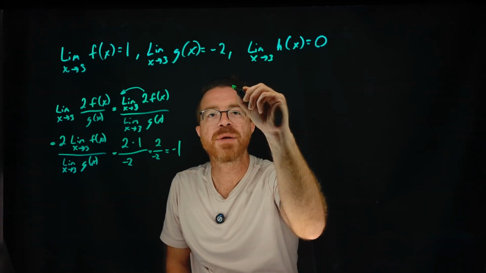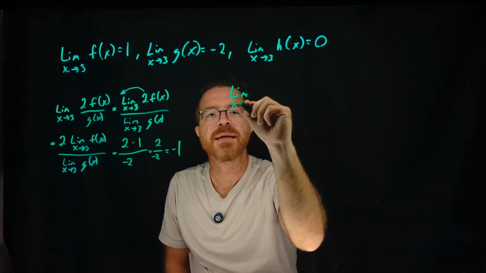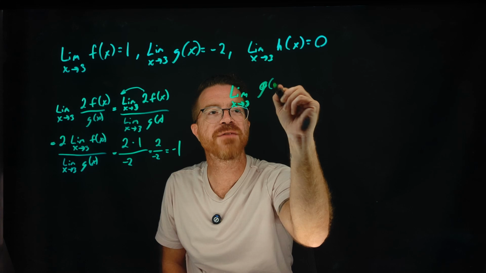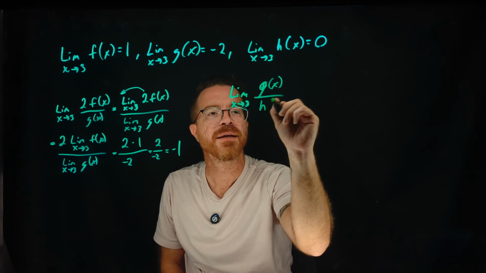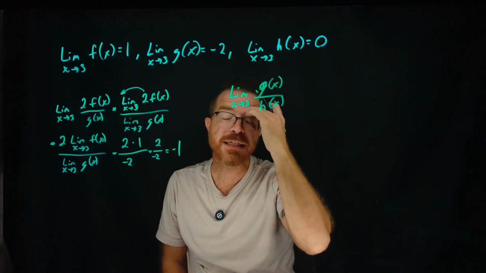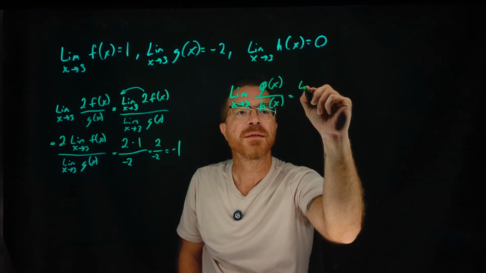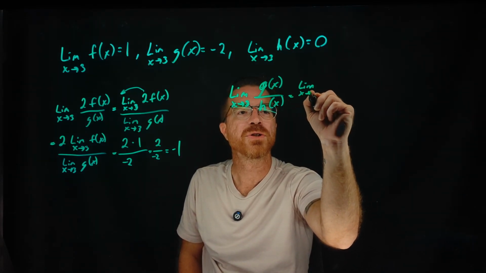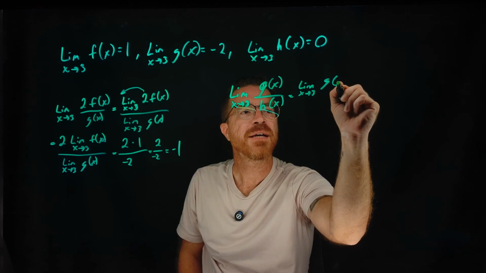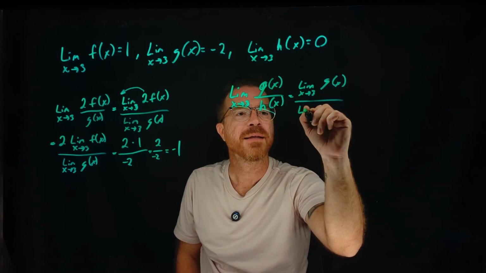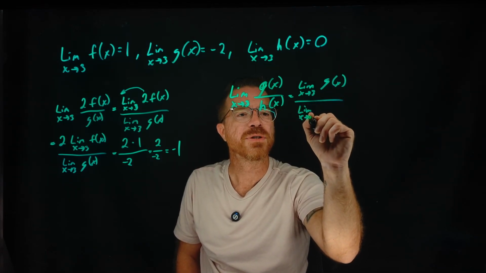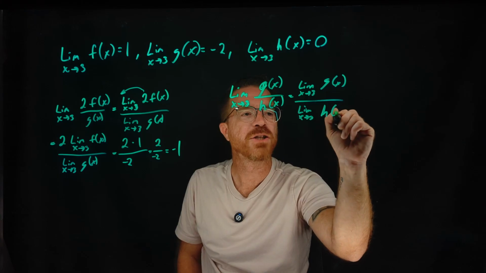For the next one, we have the limit as x approaches 3 of g(x) divided by h(x). So in this case, when we have the limit of a fraction, this is just going to be the limit as x approaches 3 of g(x), divided by the limit as x approaches 3 of h(x).